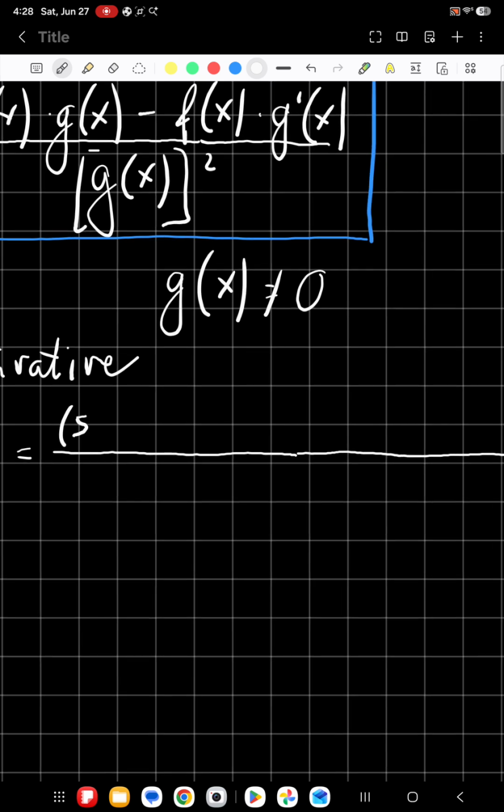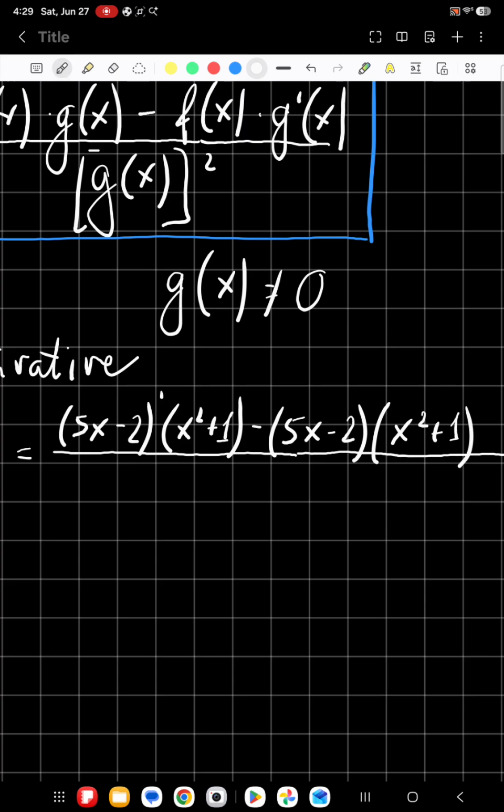So we have (5x minus 2) prime, times the second function unchanged, and that was x squared plus 1. Then we have minus, first function unchanged, so 5x minus 2, and then the derivative of the second function. All right, and the bottom is just the second function squared, or the function from the denominator squared. So x squared plus 1 squared.